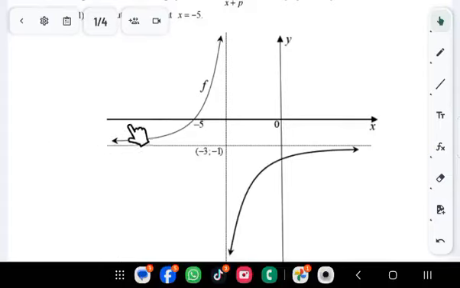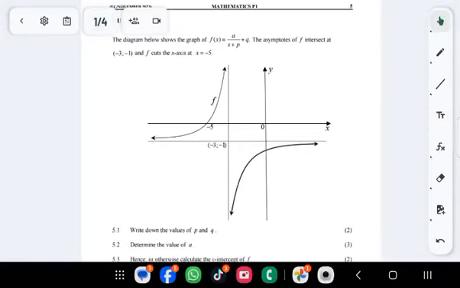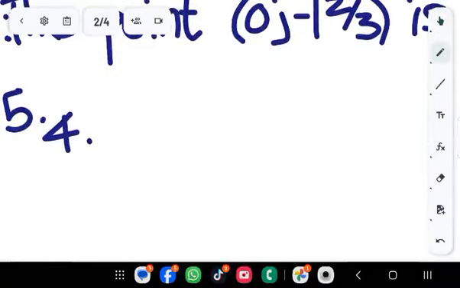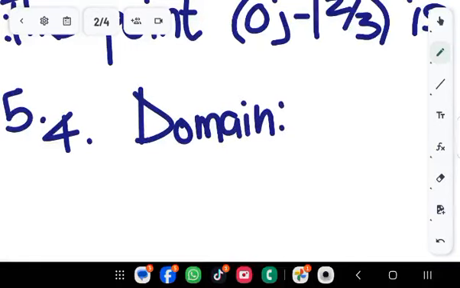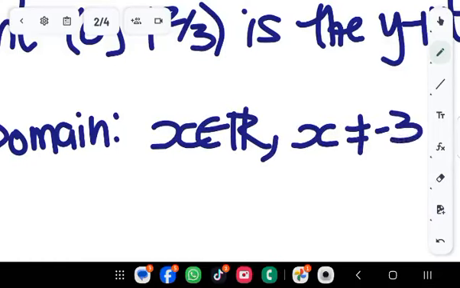Now, if you go from left to right, you will see that all values of x on the number line are valid except for the point where these two asymptotes meet, and the point is negative 3. So therefore, this is how you write the domain: the domain is x is an element of the real numbers, except for when x is equal to negative 3.